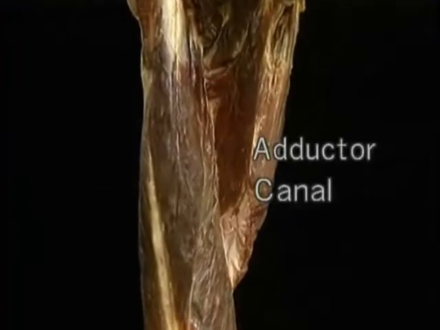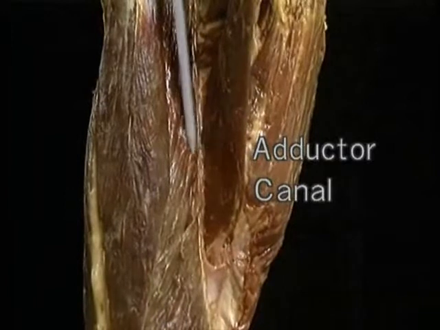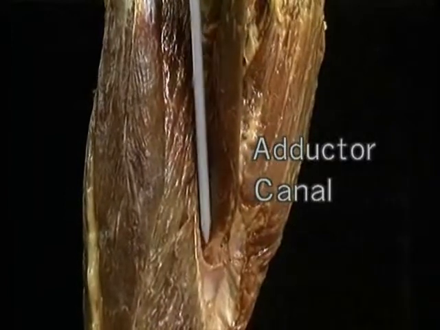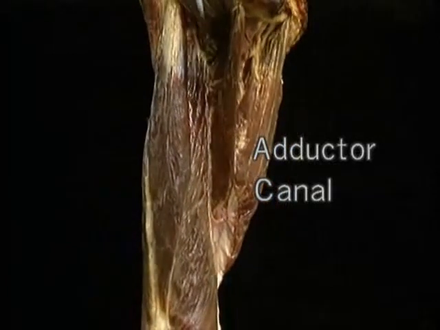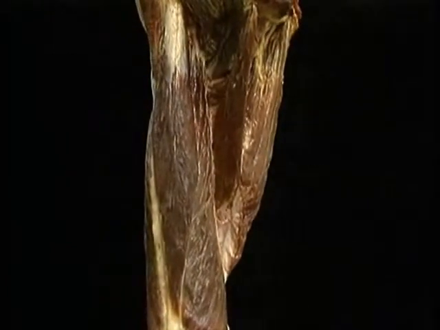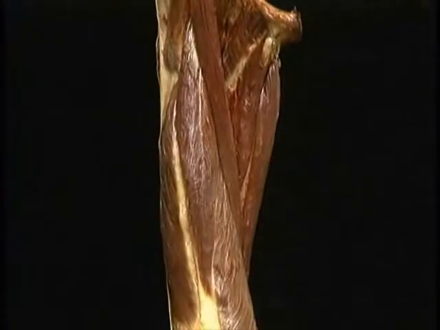The adductor canal is formed by the groove between adductor longus and vastus medialis, and by this sheet of fascia, called the roof of the adductor canal, which bridges over between the muscles. The adductor canal is covered over by the sartorius muscle. We'll see the adductor canal again when we look at the blood vessels.